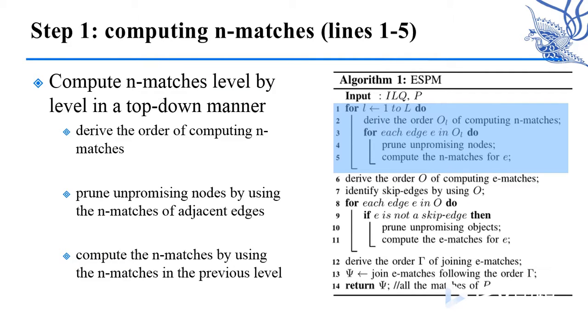Note that to enhance the pruning, the orders in different levels are dynamically adjusted. For each edge in the order, we prune unpromising nodes that do not contain objects in the matches of the pattern by using the n-matches of its adjacent edges. Then we compute the n-matches by using the n-matches in the previous level, which results in high efficiency.